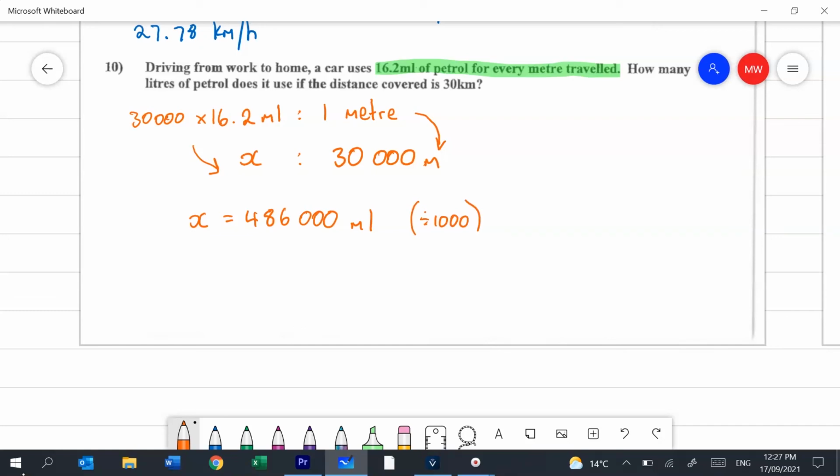And we'll find that, therefore, it would use 486 litres to drive 30 kilometres. There's a couple of different ways of doing that, but so long as you arrive at that answer, you're fine.